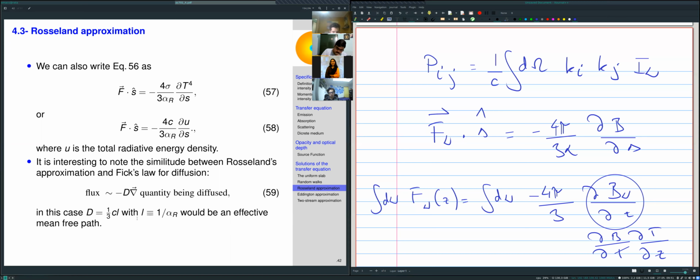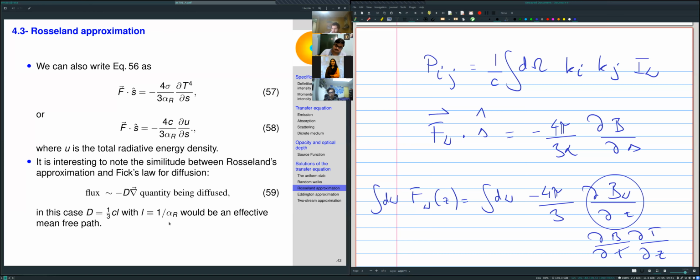the mean free path is approximately the reciprocal of the Rosseland mean absorption coefficient. So this is the summary of the Rosseland approximation.